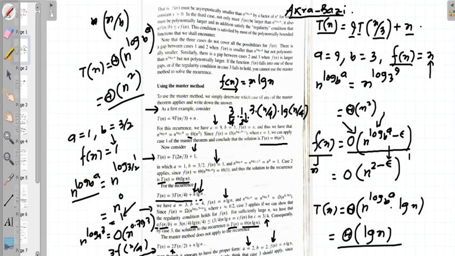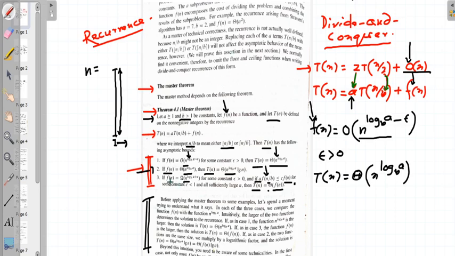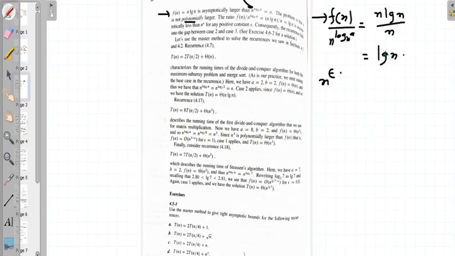So we can go back to the formula and check that. f(n) should equal Omega(n^(log_b a + epsilon)), that means Omega of n^(log_b a) times n^epsilon. So f(n) should be greater than this by n^epsilon. But here we are seeing that it is greater only by log n, and log n is asymptotically less than n^epsilon.